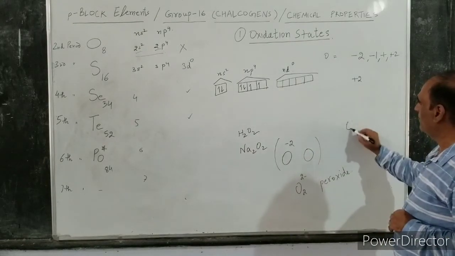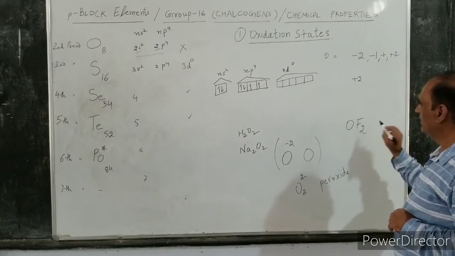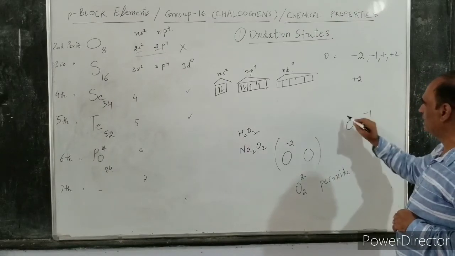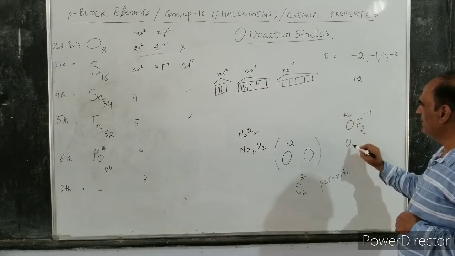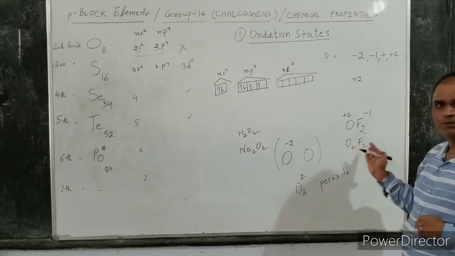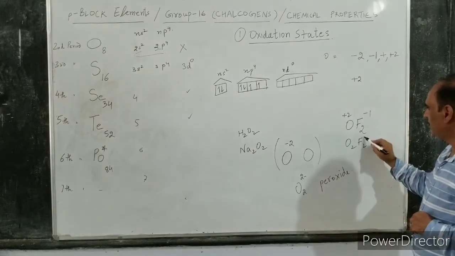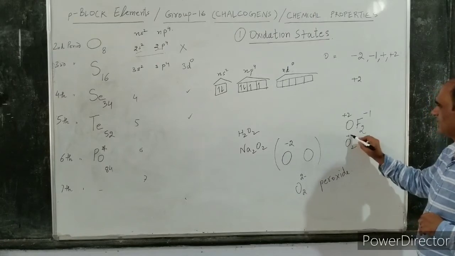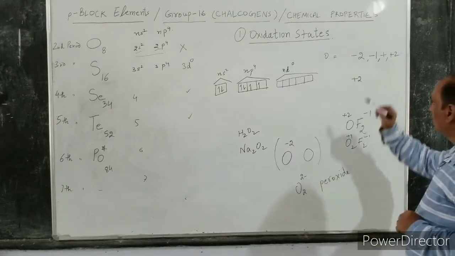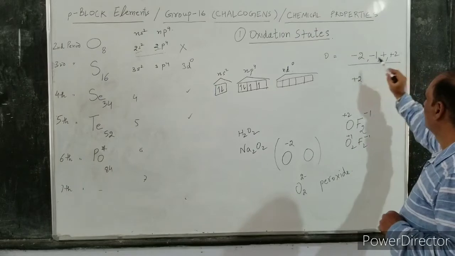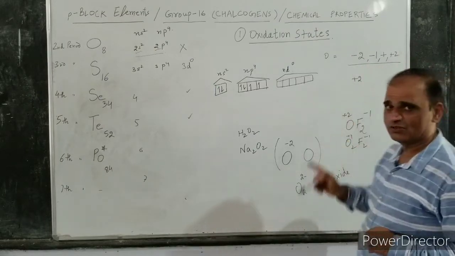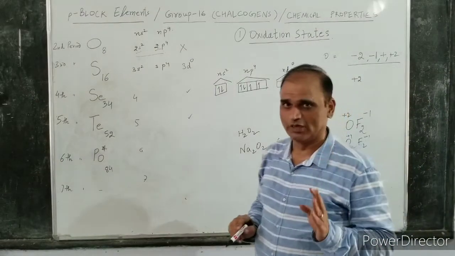For example, a compound OF2. In this compound, F will be -1, O is +2. Similarly, O2F2, very unstable compound it is, but in it oxygen shows +1 state. So oxygen shows these 4 states: -2, -1, +1 and +2 also.